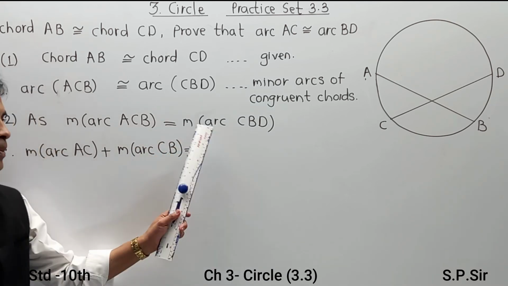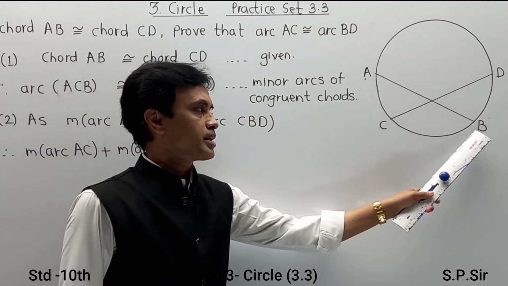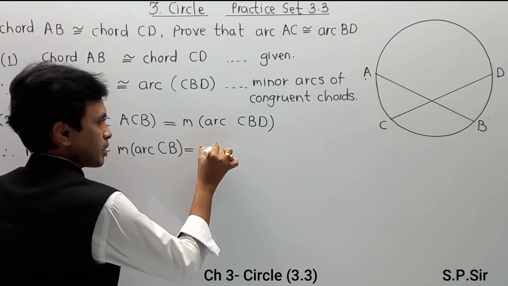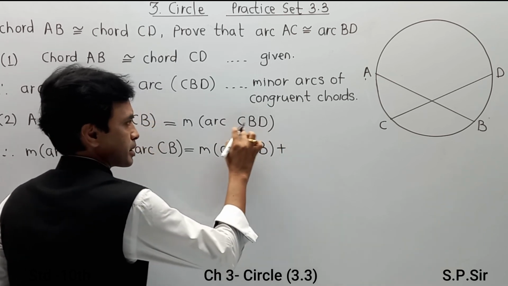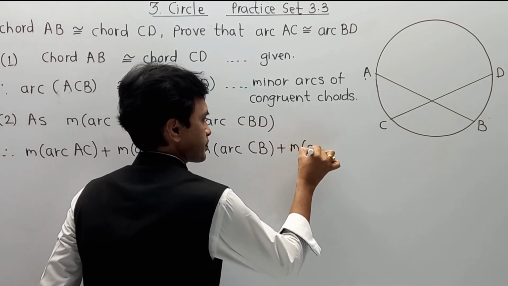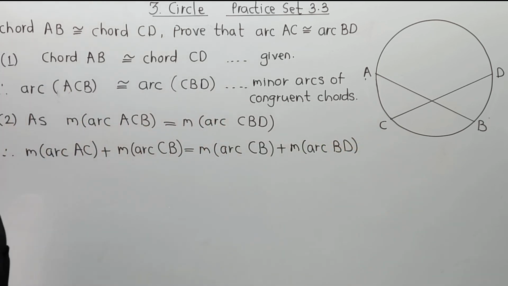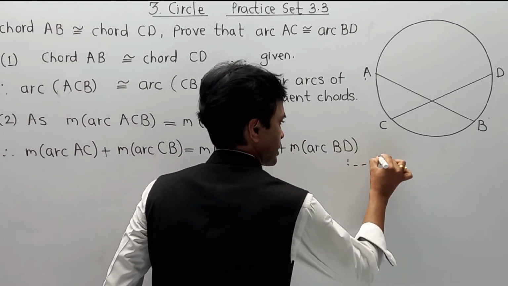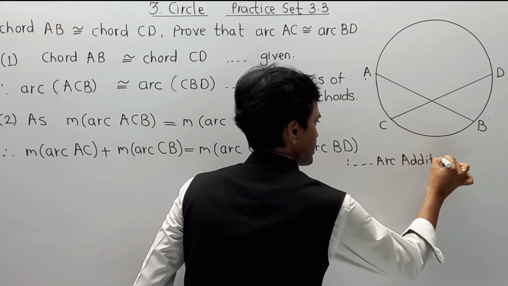Next, major arc CBD means major arc CB plus major arc BD. We can simply say this by arc addition property, and I can give that as the reason.